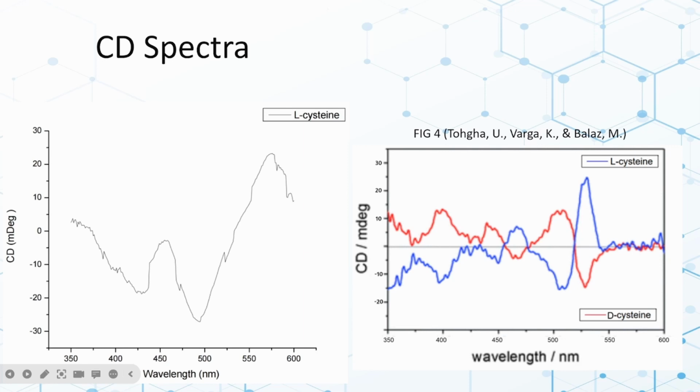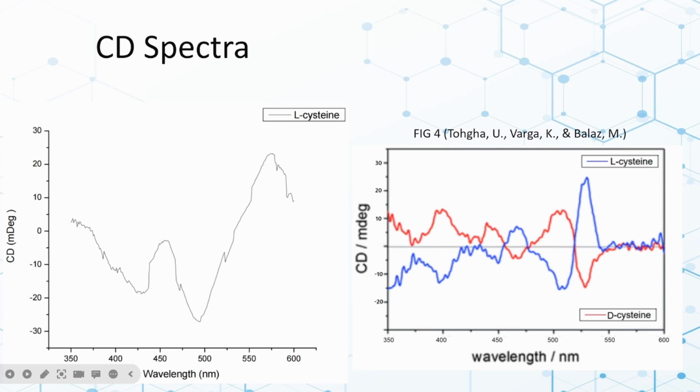Between 363 and 535 nanometers, which is violet to green, the absorbance of L-cysteine for RHC is greater. And this difference is maximum at 430 and 495 nanometers.